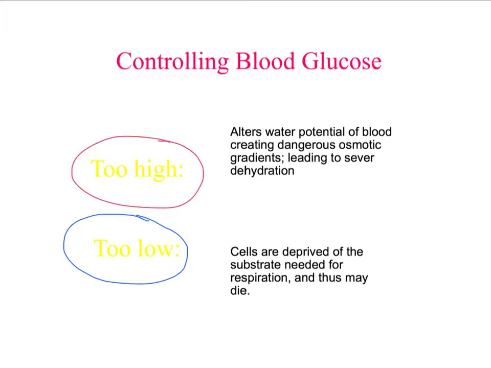So clearly it's important for the body to maintain an appropriate amount of glucose in the blood, which is actually around about 90 milligrams per 100 centimetre cubed of blood. Now that kind of fact is something that would only really come up in key stage 5. You don't really need to know that at key stage 4. So what I want to do is just explain the basics of blood sugar control to start with.